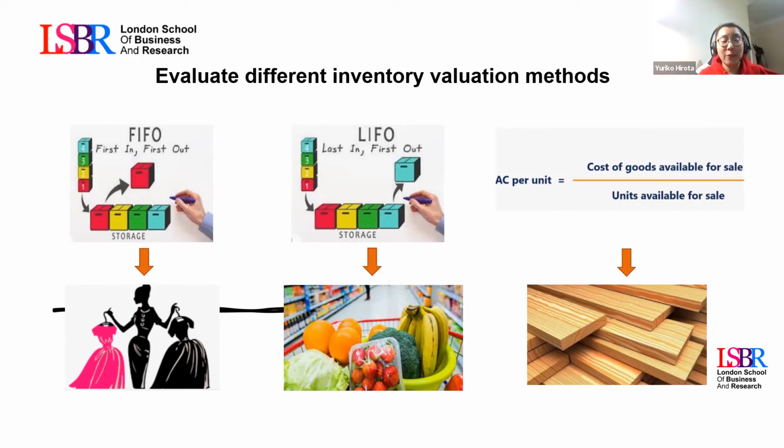You need to sell this first, because obviously if time passes and we reach the winter, the people are not going to be interested in a very light t-shirt when it's cold. So the company needs to sell that very light t-shirt first. For that reason, first in, first out is more common in that kind of industry.